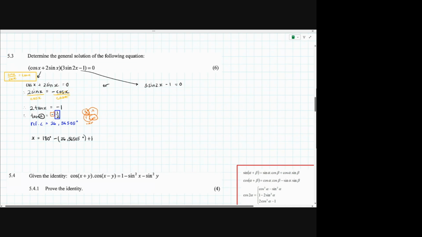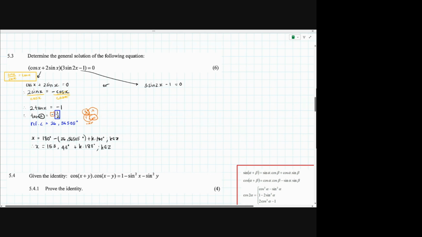And then we've got our plus k times 180, because it's tan, k element of the integers. We then just subtract that, 180 minus 26 point something, which gives 153.43 degrees plus k times 180.